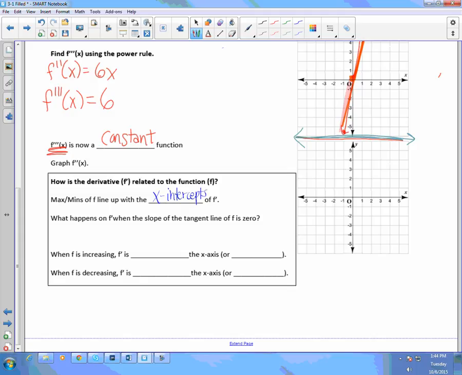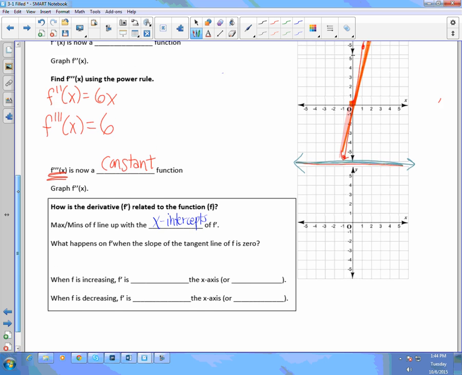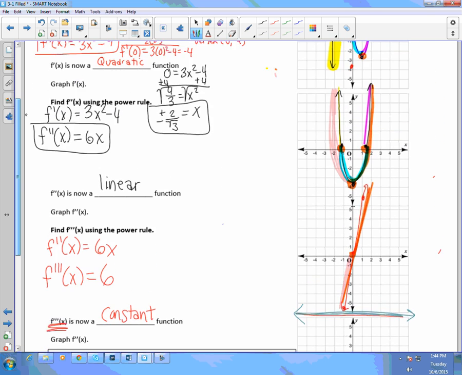The maximums of the previous function, whatever function you were doing, become the x-intercepts. And then the other thing. What happens on f prime when the slope of the tangent line is 0?